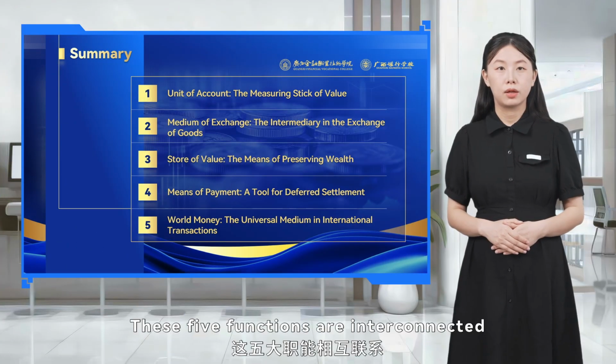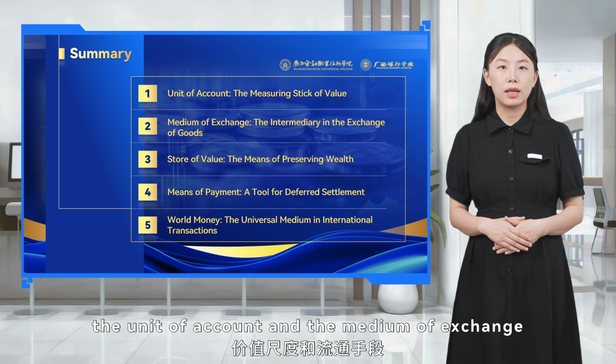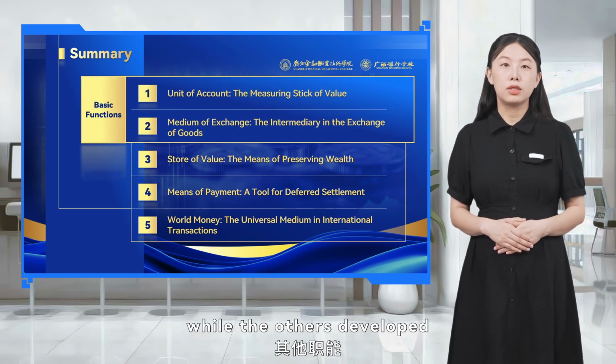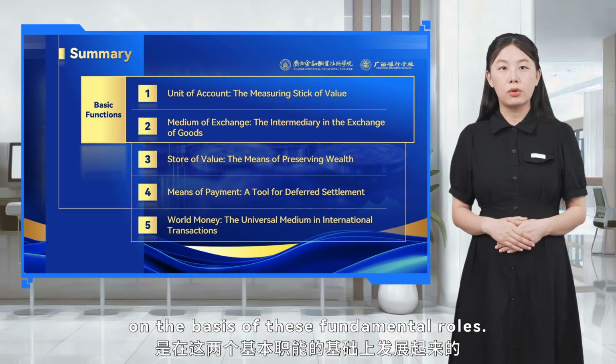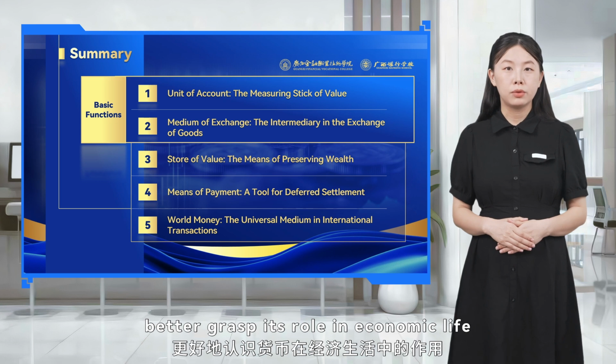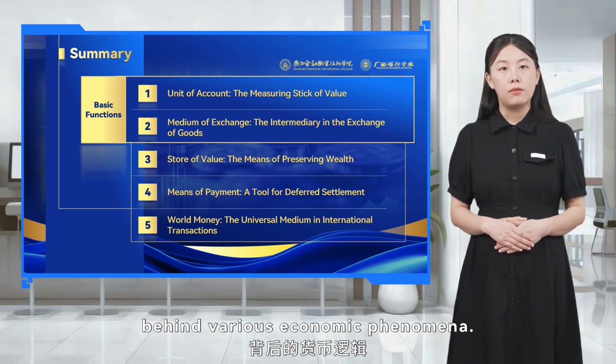These 5 functions are interconnected and together reflect the essence of money as a general equivalent. Among them, the unit of account and the medium of exchange are the 2 basic functions, while the others develop on the basis of these fundamental roles. Understanding the functions of money helps us better grasp its role in economic life and the monetary logic behind various economic phenomena.